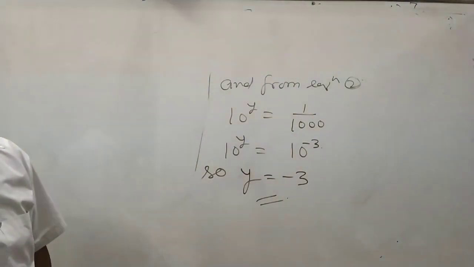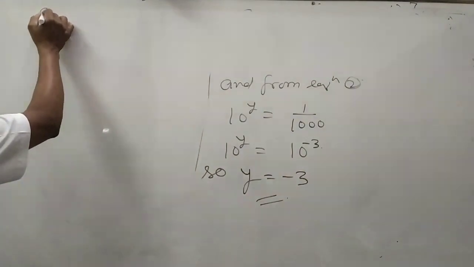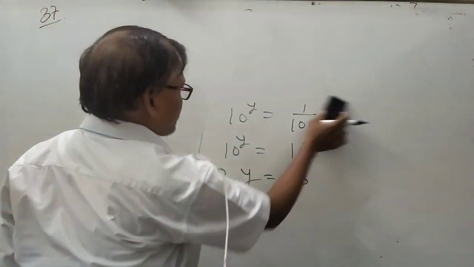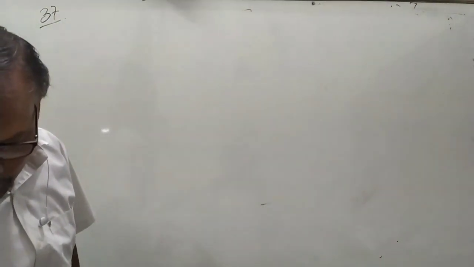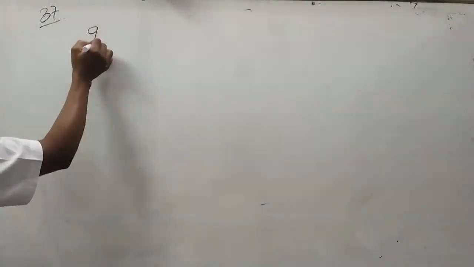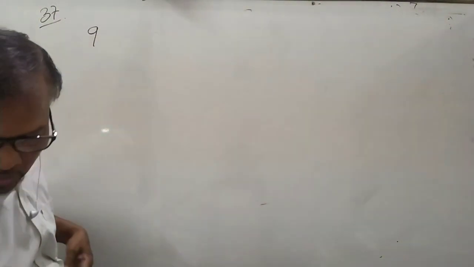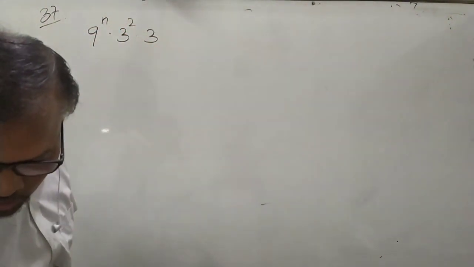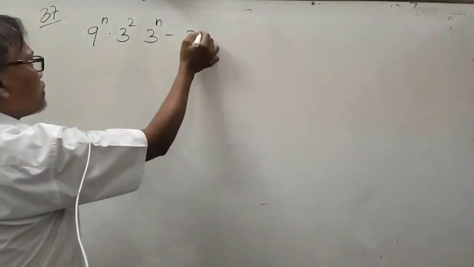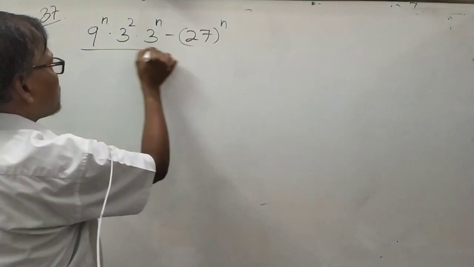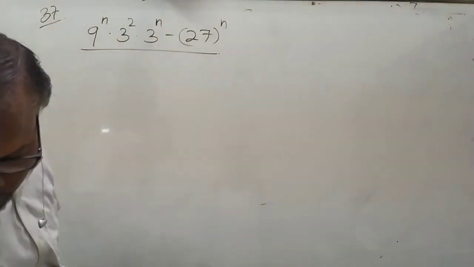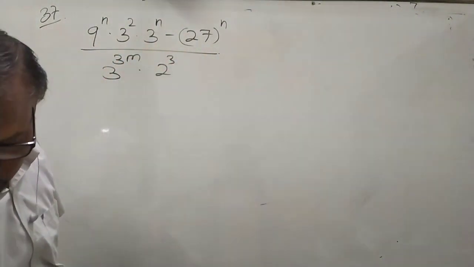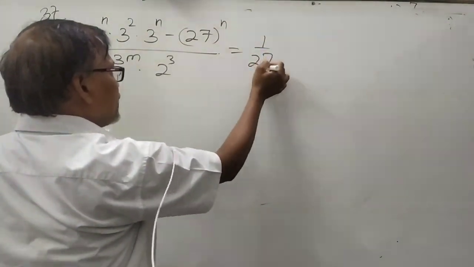Now the other question, in which you have to prove, like question 37. This is a proof, but you will have to do some work in this. 9 to the power n, 3 square, 3 to the power n, is given.